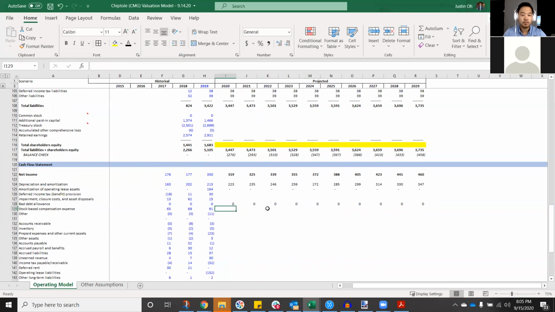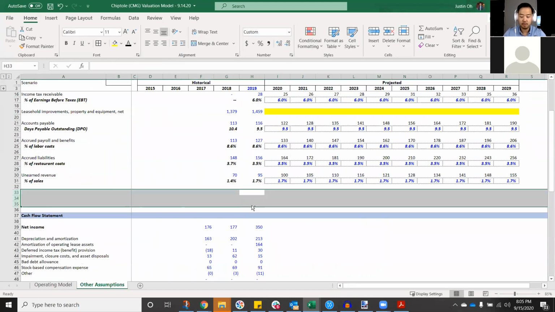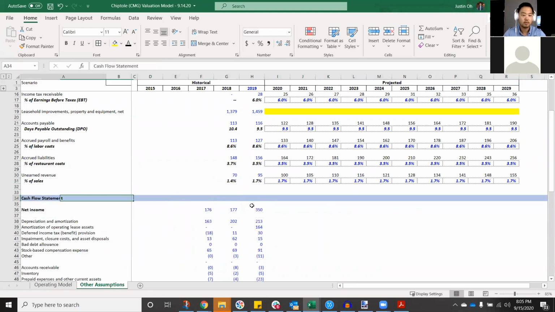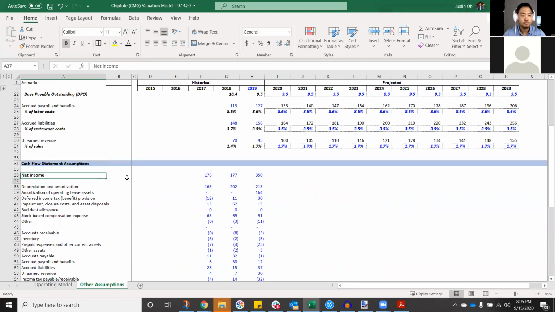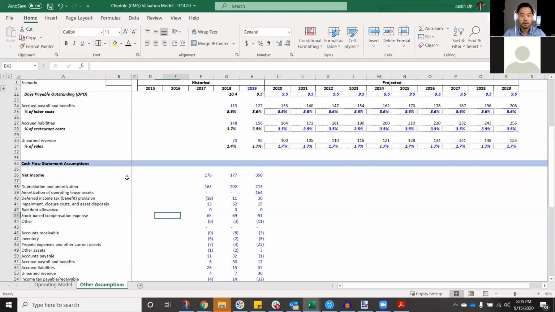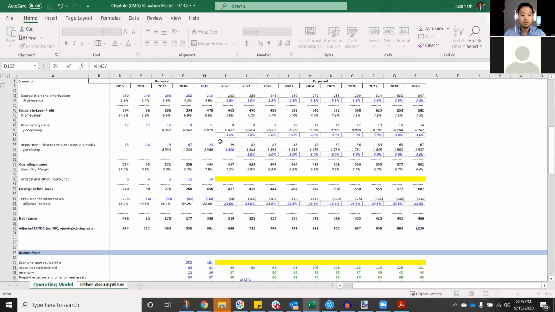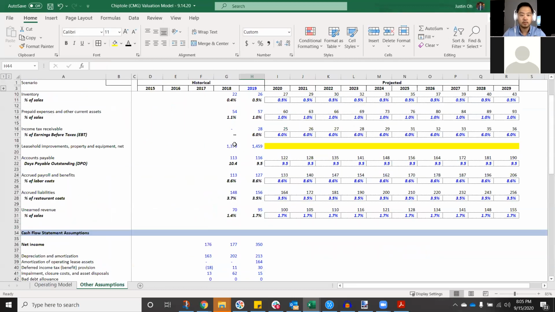Stock-based compensation expense. What we want to do here is assume it on the cash flow statement assumptions. Try to keep this within 10 minutes, guys. So what we're going to do is assume this as a percentage of revenue. Well, I guess we already had something here, percentage of sales.